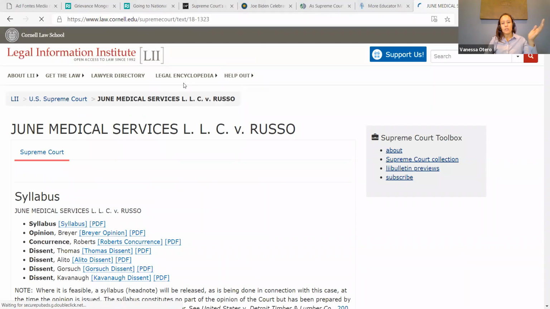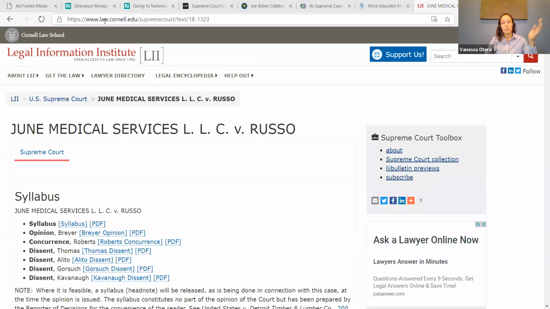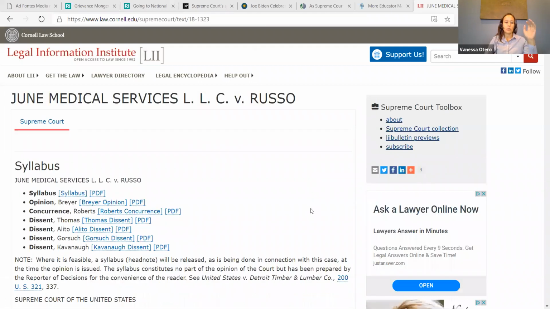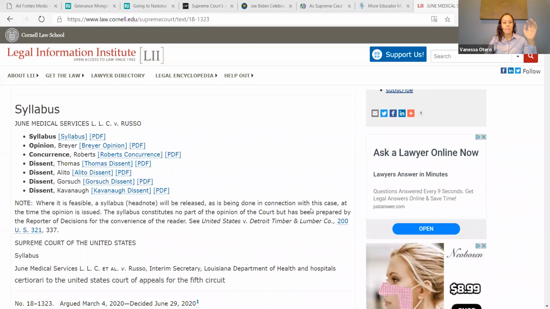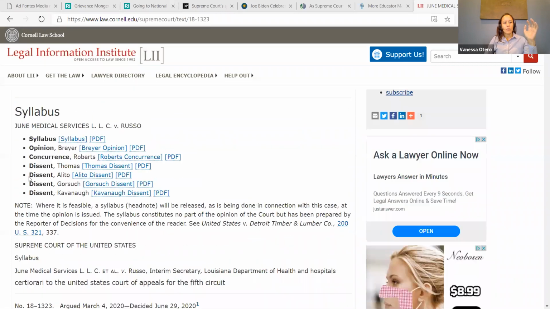This is the Supreme Court decision. This law.cornell.edu has a lot of free statutes and Supreme Court decisions. So we've got the opinion, concurrence. You could go and look for news articles, but I wanted to find this part of the abortion horror stories that Gorsuch was referencing.